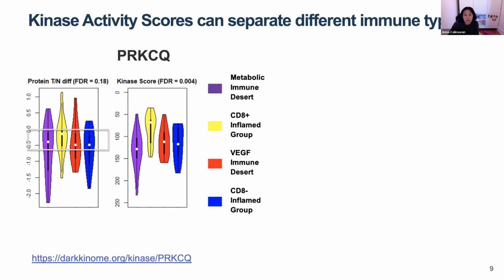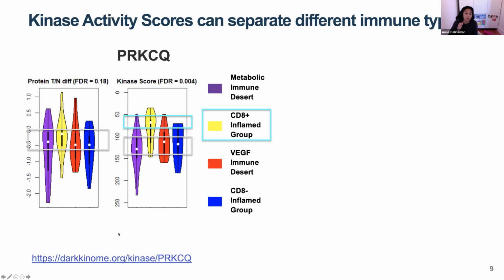However, if we do it based on the kinase score, what we do see is that it seems to be particularly enriched or active in the CD8 plus inflamed group. That's really encouraging as a sort of sanity check, because PRKCQ is primarily expressed in T cells. But beyond that, it's also just really interesting as a molecule, a kinase, that we can learn more about.